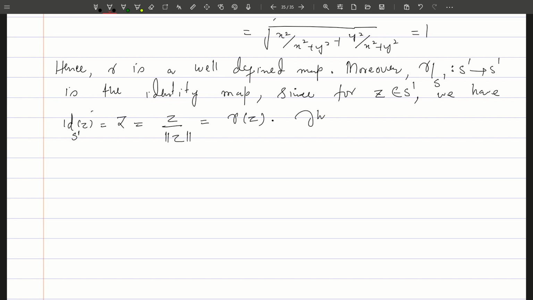So this shows that S1 is a retract of the punctured plane R2 minus 0.